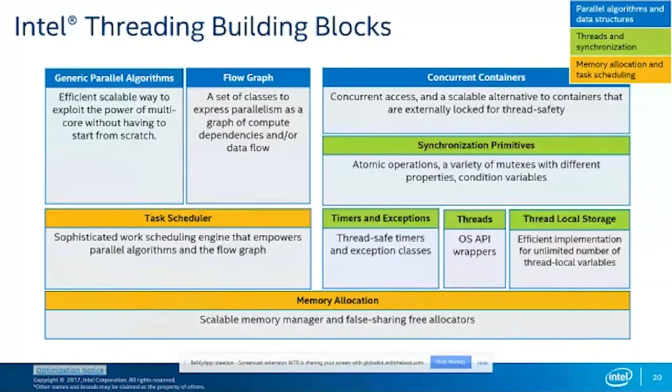So TBB internally also provides parallel memory allocation that can help you to improve the allocation and deallocation problems. And besides these, TBB also provides some concurrent containers and some synchronization primitives. So basically, all of this is just to help you to improve the performance of threaded code.